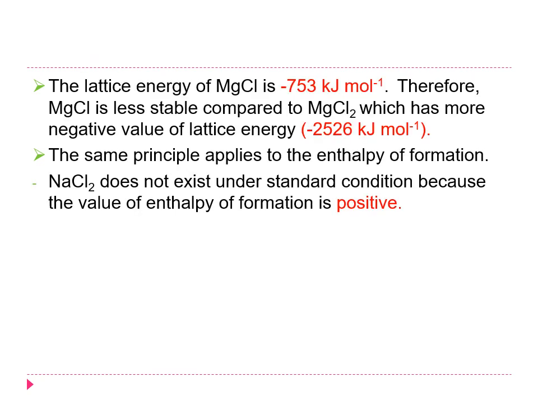A good example for discussion is the lattice energies for magnesium chloride MgCl and magnesium dichloride MgCl2. Notice that MgCl has lattice energy negative 753 kJ per mole, but MgCl2 has a more negative value, negative 2,526 kilojoules per mole.